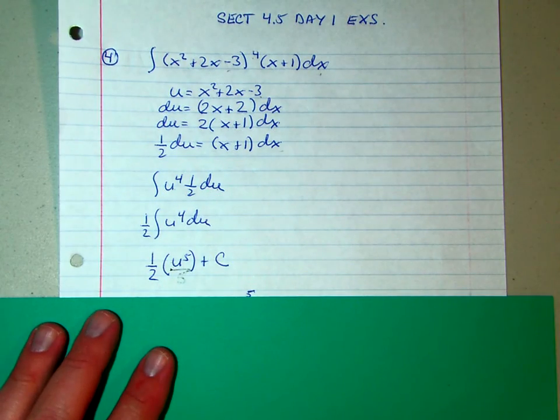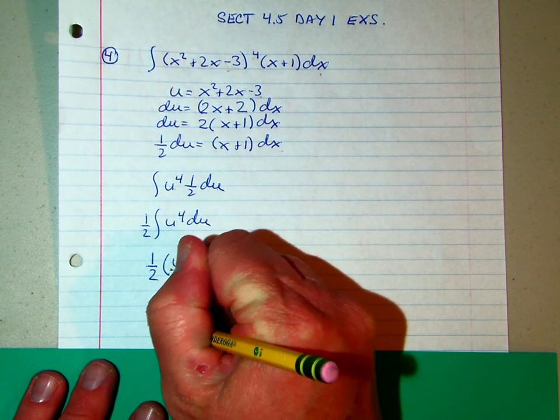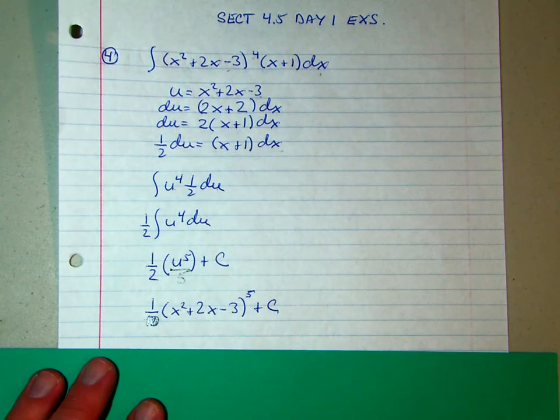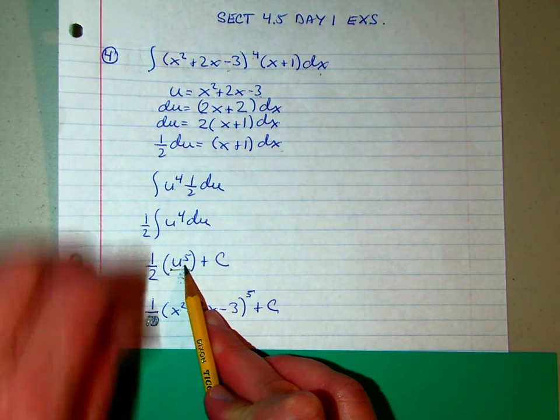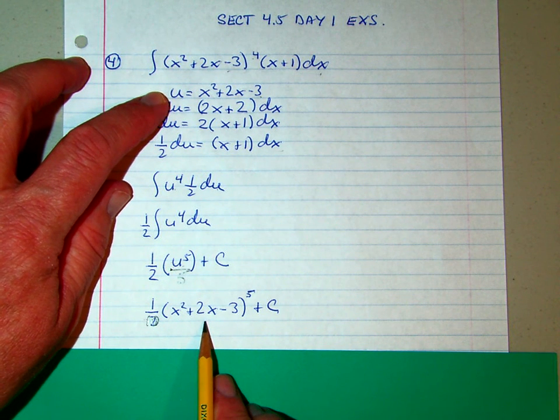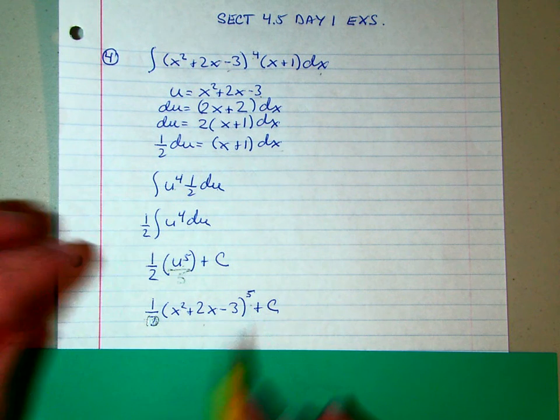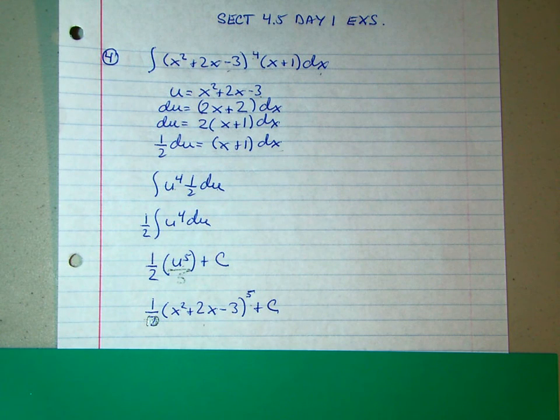Divide by the new exponent. So that's going to make this 1/10. Fix that. Substitute in my x squared plus 2x minus 3 back in for the u. That's being raised to the 5th power, and then we have our constant of integration, the plus c.